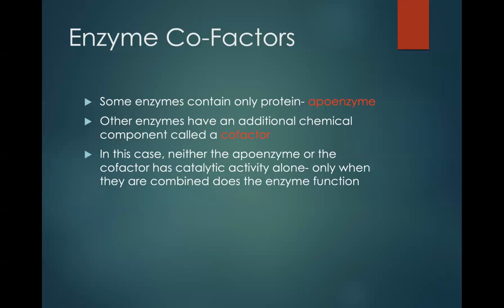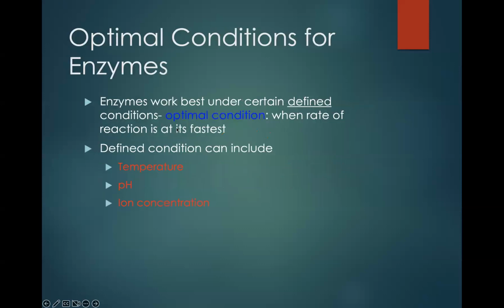And then enzymes can have additional components that are required, such as cofactors, in order to become functional. So when we're thinking about enzyme activity, we need to understand that there are other predetermined conditions that must be met in order for this enzyme to function optimally.